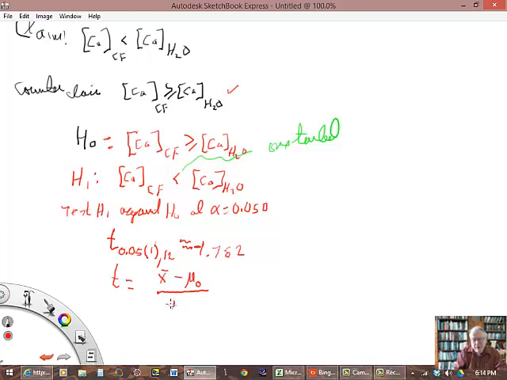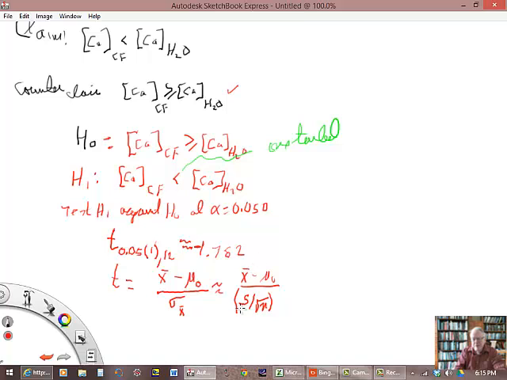I divide this by the standard deviation of the sampling distribution of sample means, which of course I don't know, but I can approximate it this way. It is equal to the standard deviation of the sample divided by the square root of the sample size. So all I have to do is calculate that and compare it to minus 1.782.